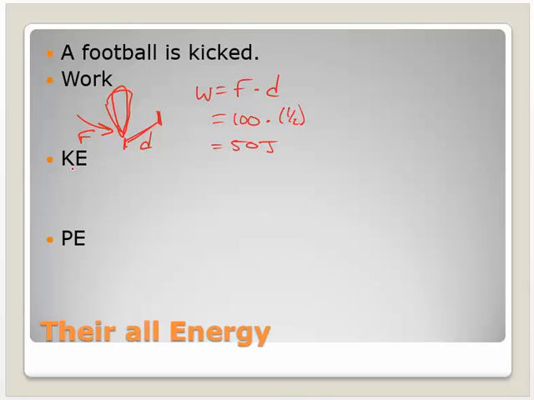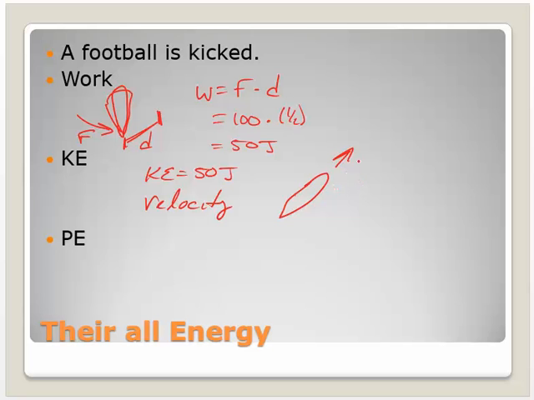Well, the kinetic energy, all right, as soon as your foot lets go of it, it's now got 50 joules of kinetic energy. Why? Because it has a velocity. Right. Now, as soon as it comes off your foot, that football, it's going up, right?